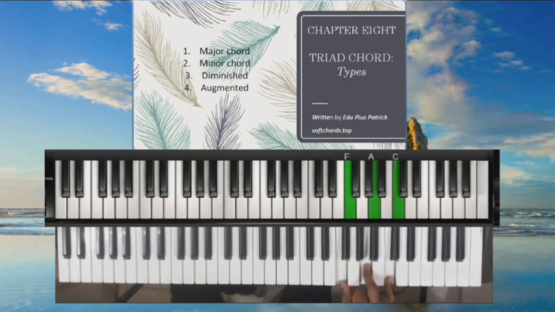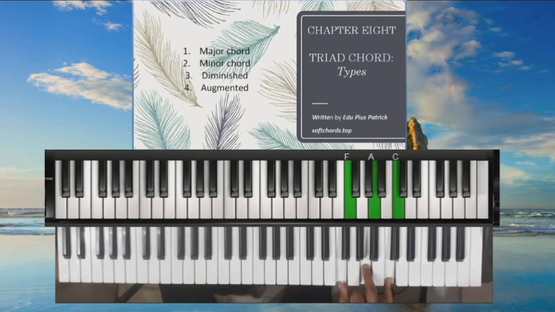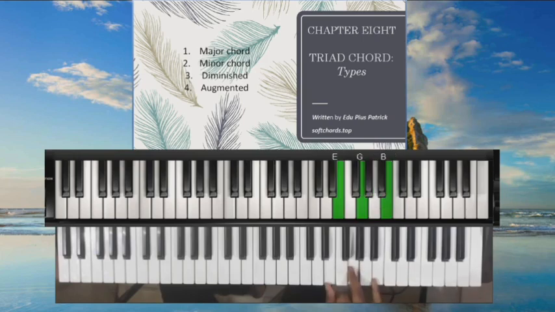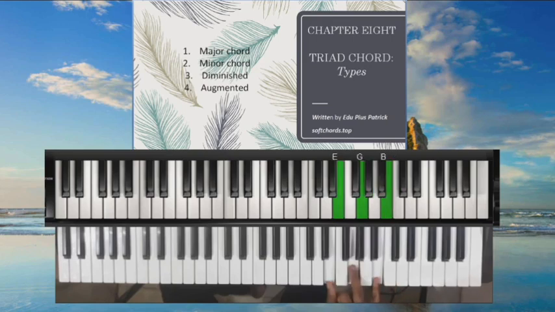F is major because it has a 3, 2 space. So a major is 3, 2 space, while a minor is 2, 3. Major 3, 2, minor 2, 3.